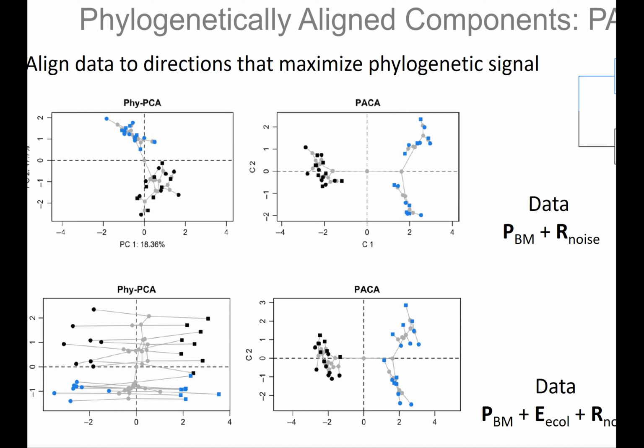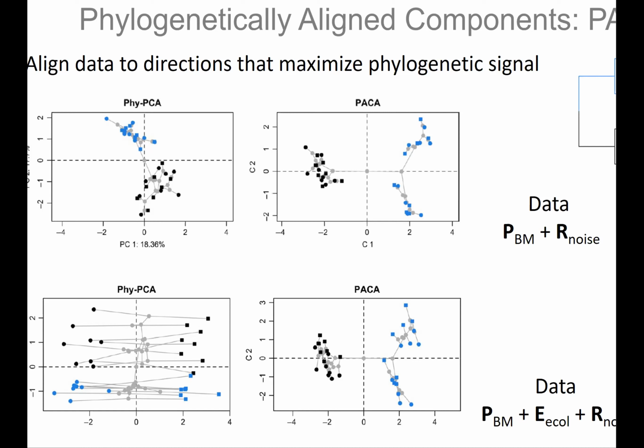And so what we argue is that using PACA in conjunction with something like phylogenetic PCA allows one to get much closer at revealing the relative components of signal in your data, whether there is a phylogenetic component or an ecological or both. We could follow that up with some statistical tests as well, but this provides a very nice visual for what's going on.